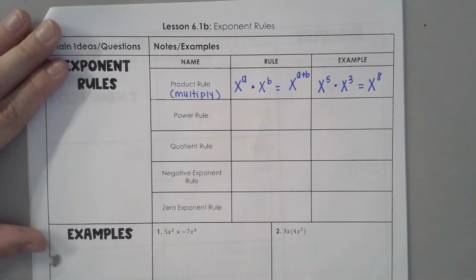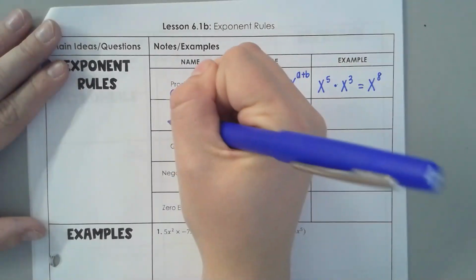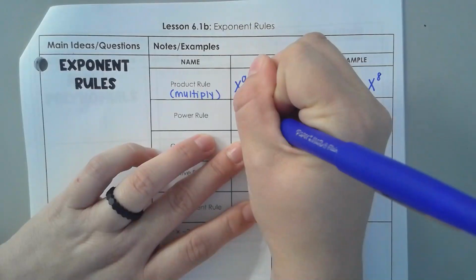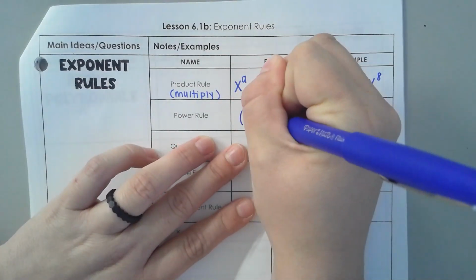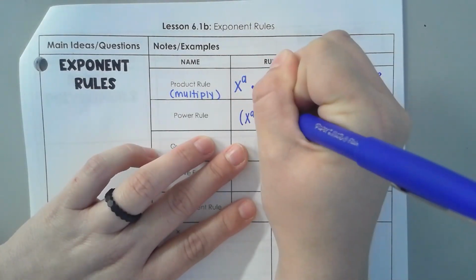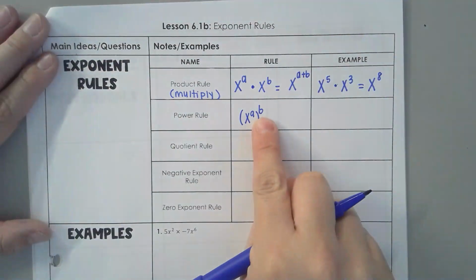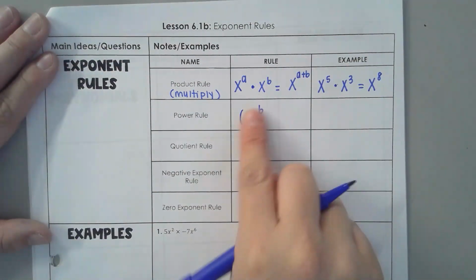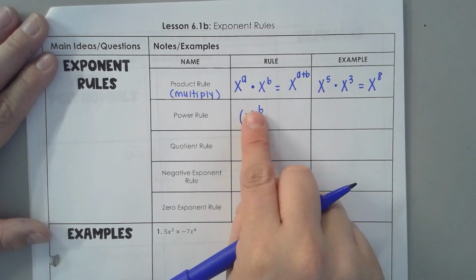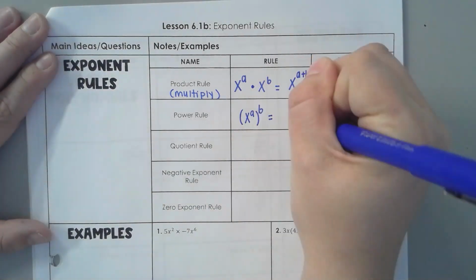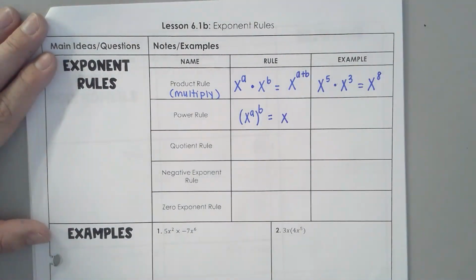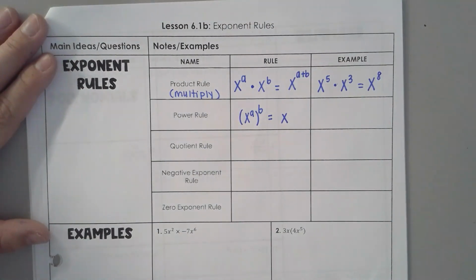The power rule. This is when we have x to the a, and that whole thing is raised to the b power. So we have exponents on exponents. What do you do with those numbers?